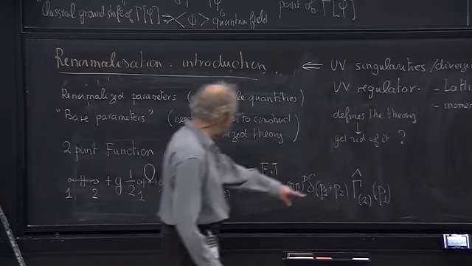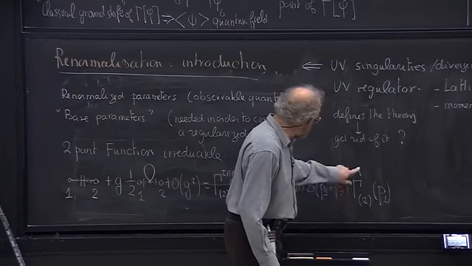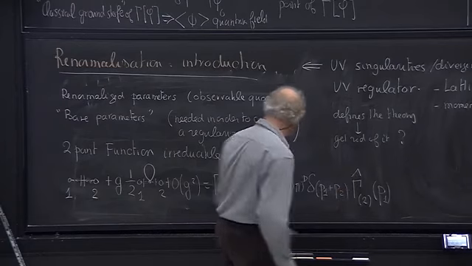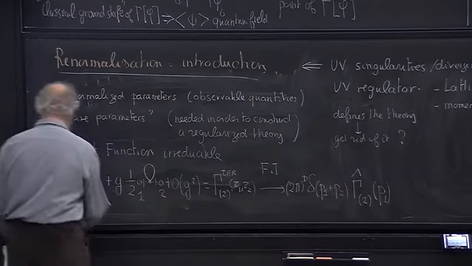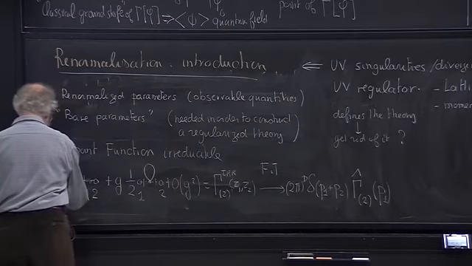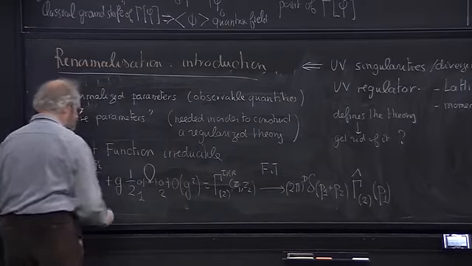So I'm going to call the irreducible function with a hat, because it's a Fourier transform of just one momentum. It's a momentum that goes through p1, and p2 is the opposite momentum.